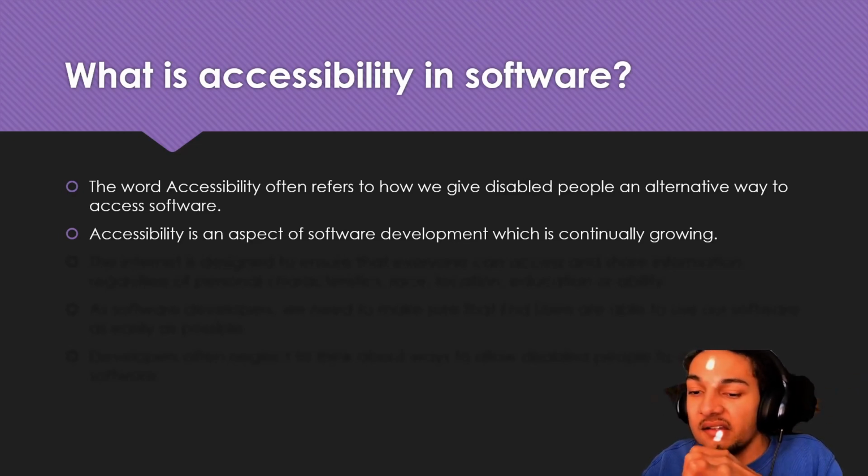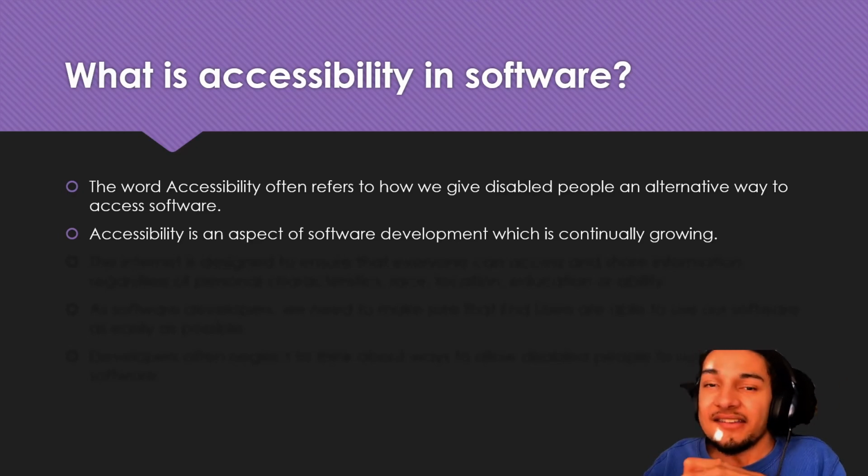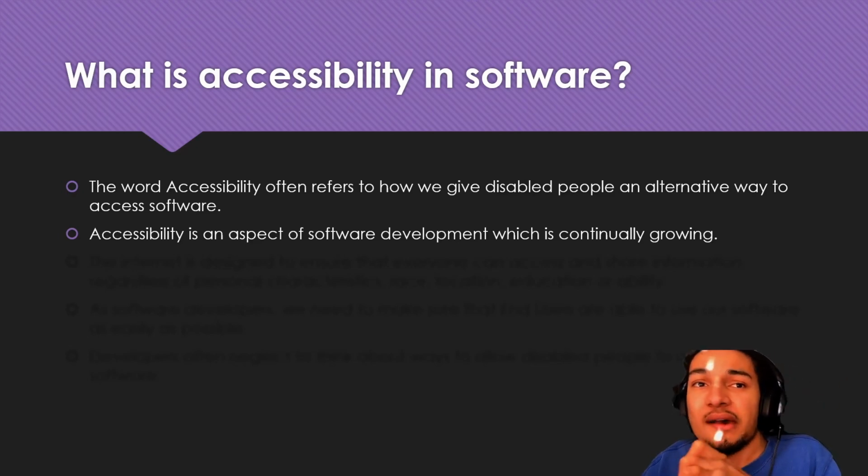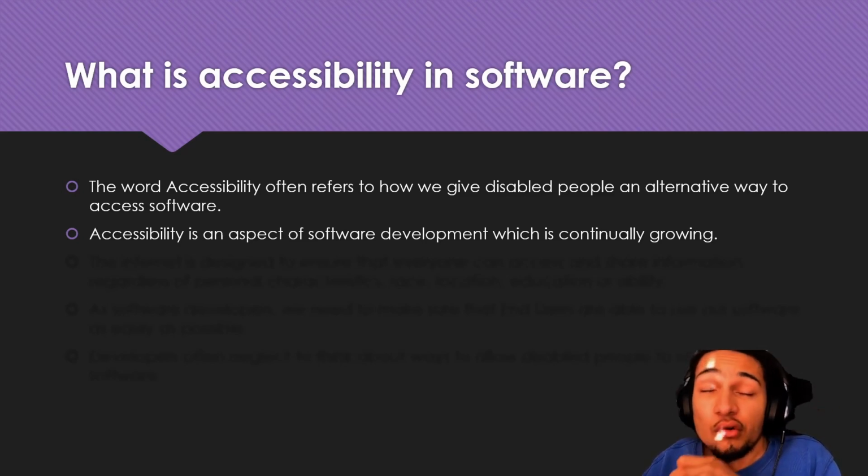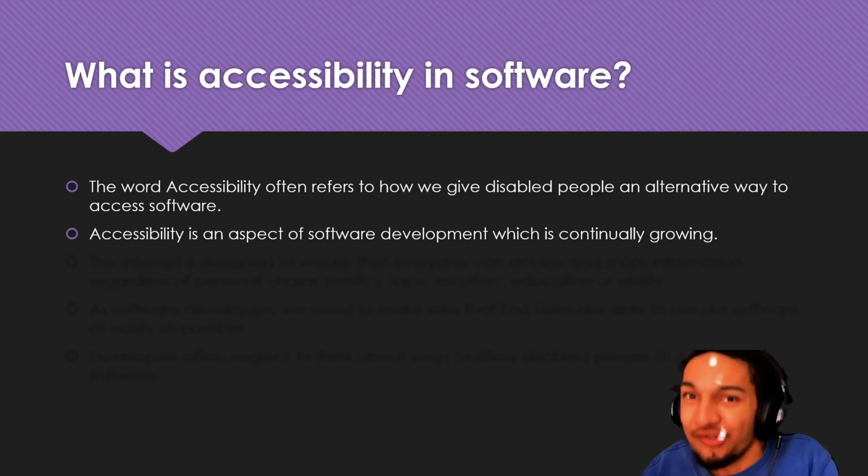And it's constantly being revised, and as more and more disabled people talk about how they access the web and the shortfalls that they experience, developers are always working to try and make it easier for people to access.